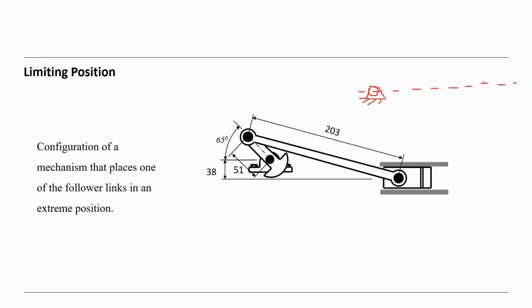So we have here a slider with a revolute joint, and here we have a crank, and this is the coupler.